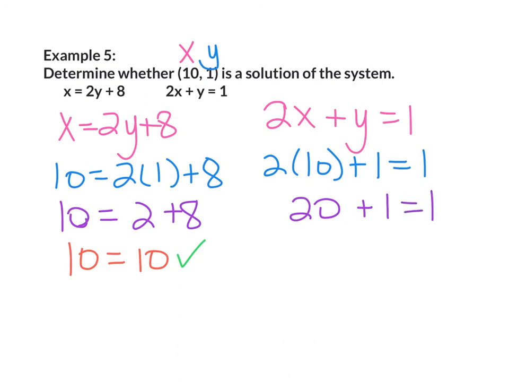So 20 plus 1 is 21, and then bring down the 1. So this does not check. 21 does not equal 1. Therefore, this is not a solution. So no, it's not a solution.